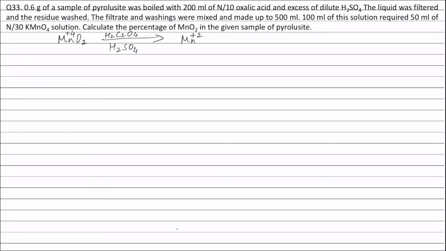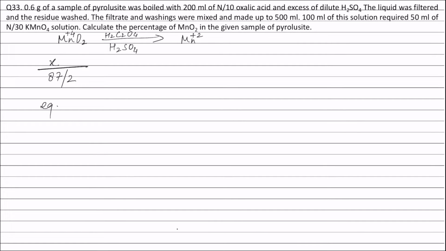Let the weight of MnO2 that reacted with oxalic acid be x grams. Therefore, equivalence of MnO2 that reacted with oxalic acid is x divided by the equivalent weight of MnO2. Equivalent weight of MnO2 will be the molecular weight of MnO2, that is 87, divided by the valency factor of MnO2, that is 2.